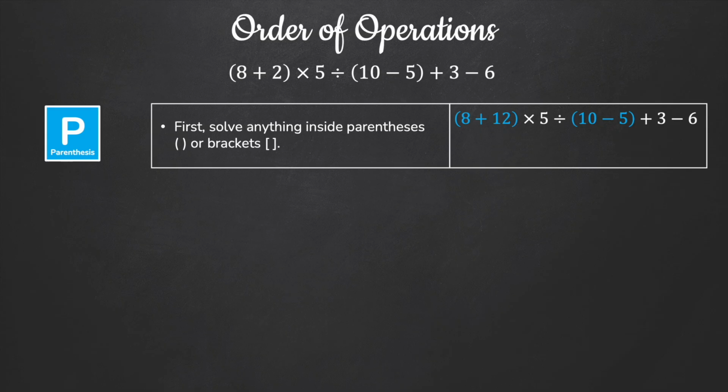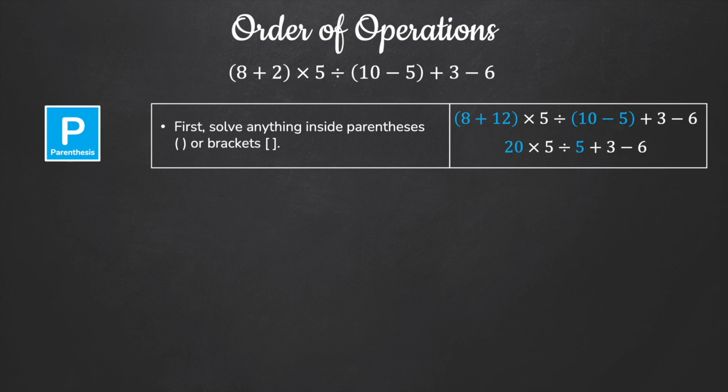And what I did was rewrite the expression, and in blue, you could clearly see what we have inside of our parentheses. In our first set, we have 8 plus 12, and 8 plus 12 is equal to 20. So we're going to substitute that for 20.